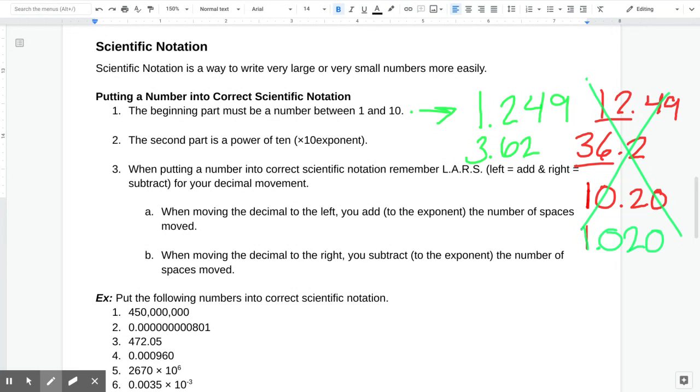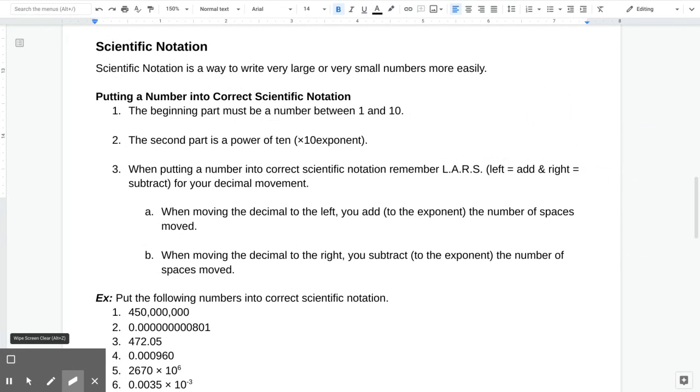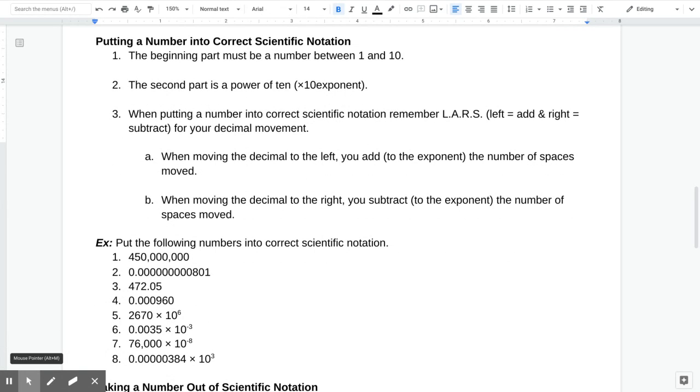The second part is a power of 10, with your exponent in a superscript. After you have your times 10 with your exponent, maybe we don't know what the exponent should be. Well, this is how we figure that out. When putting a number in correct scientific notation, and understanding what exponent it should get, remember LARS.